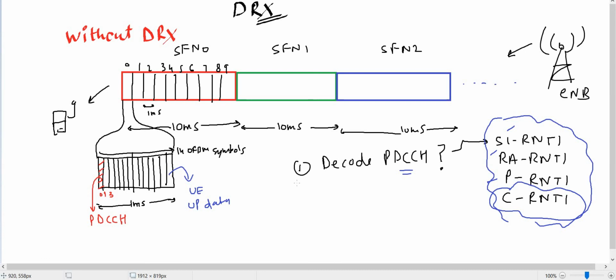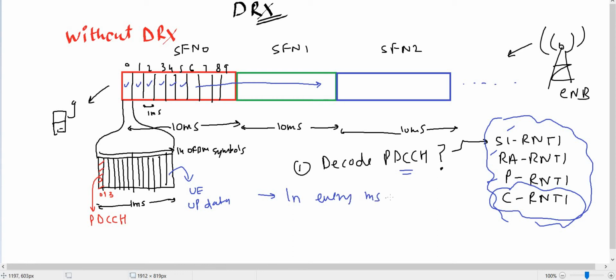So without DRX, what does the UE have to do? The UE has to decode PDCCH in each and every subframe. First the UE will decode the PDCCH of this subframe, after that this subframe, and so on. In each millisecond the UE has to decode PDCCH.